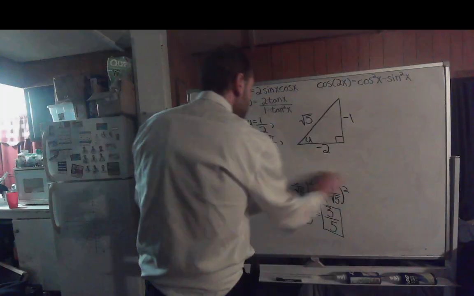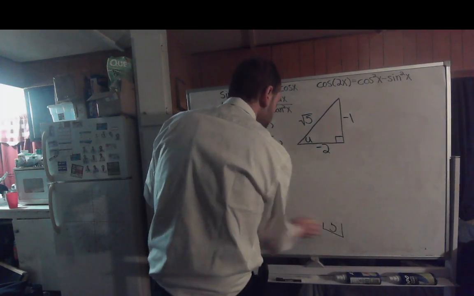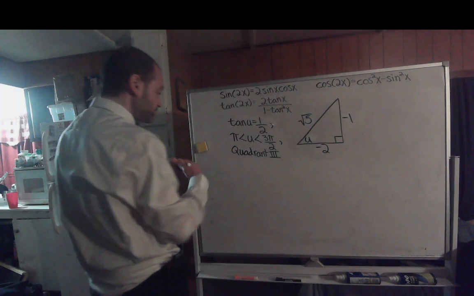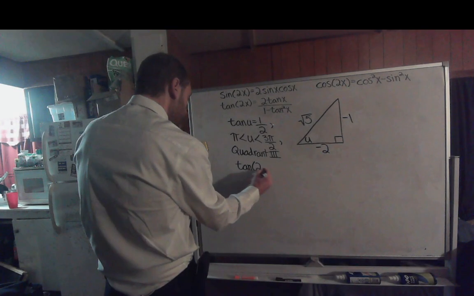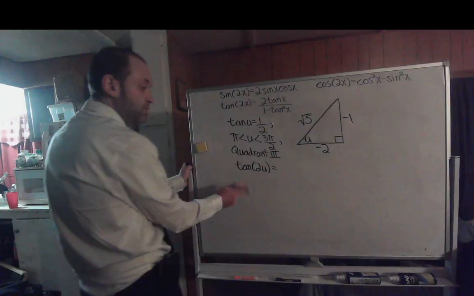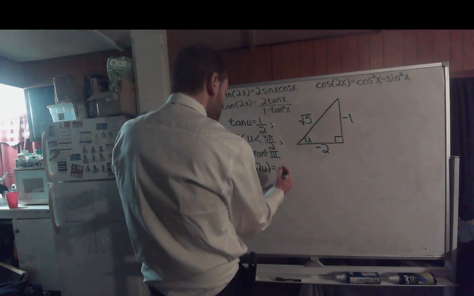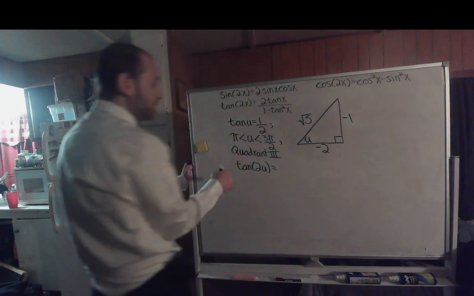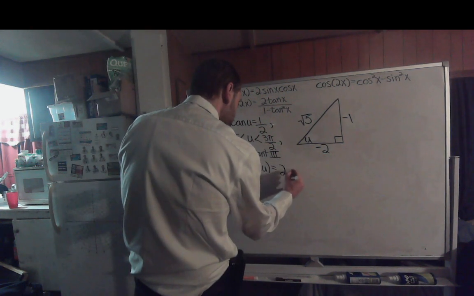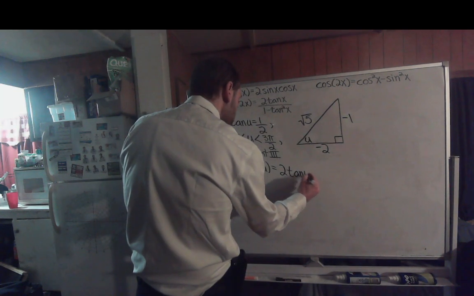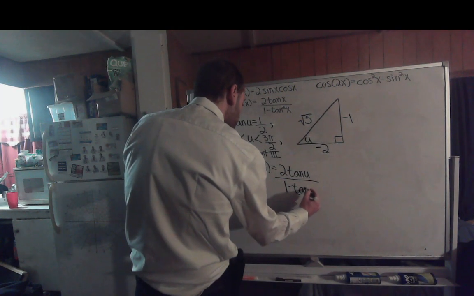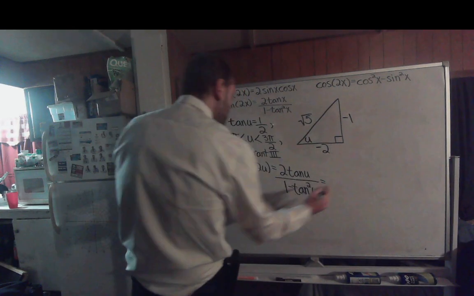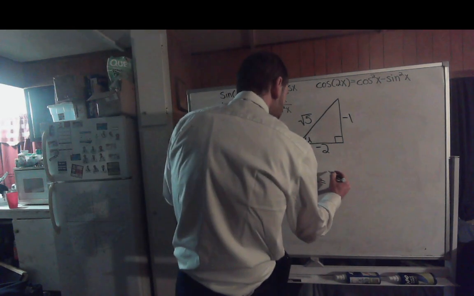And last but not least, let's find the tangent of 2u. Alright, so there's the tangent of 2u. So let's see, apply the double angle formula for the tangent function. That should be 2 times the tangent of u all over 1 minus the tangent squared of u. This one isn't going to be bad at all. So let's apply these values. 2 times what is the tangent of u?